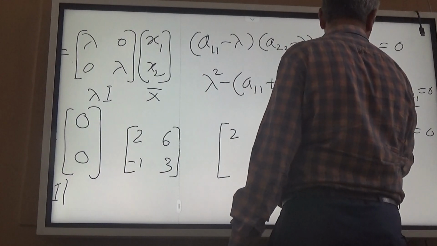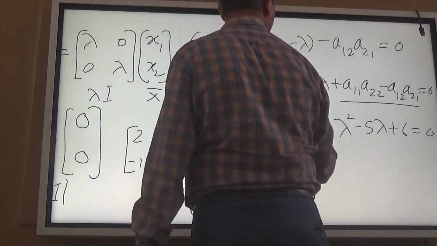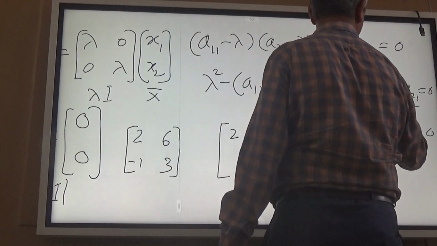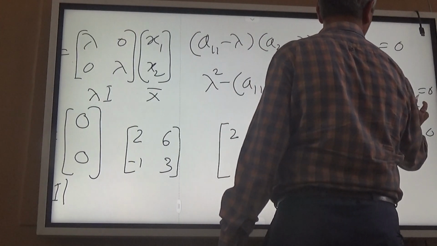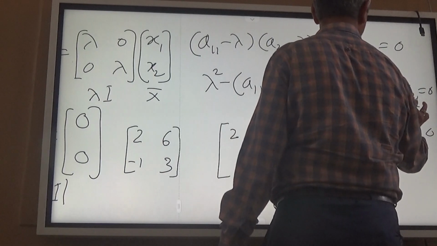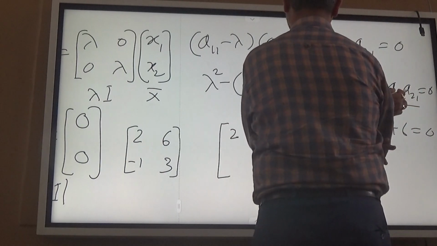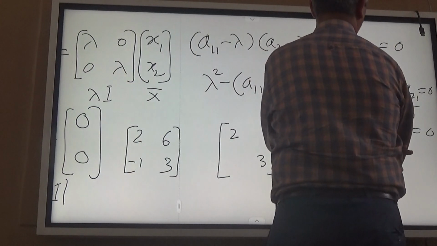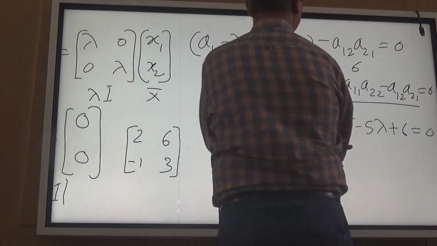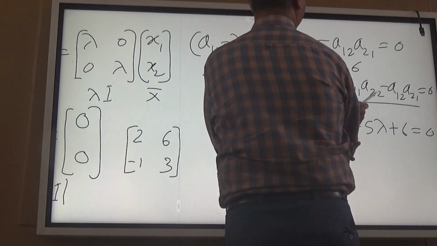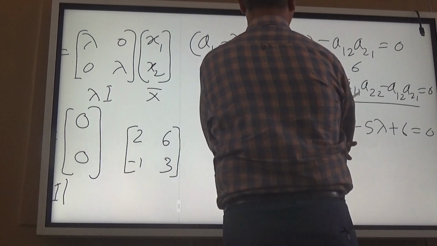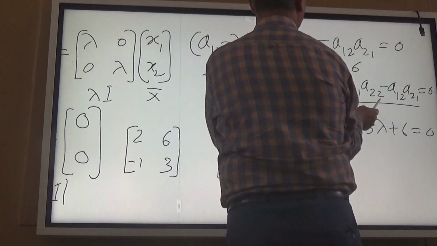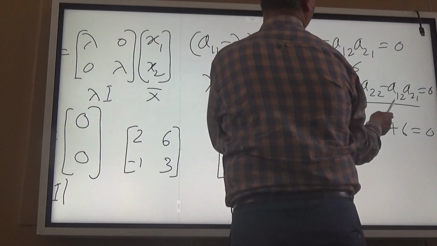So A11 A22 is 6 and this should be minus A12 A21, so this must be 0.